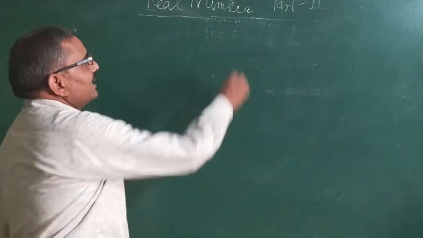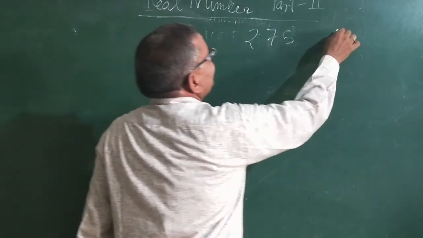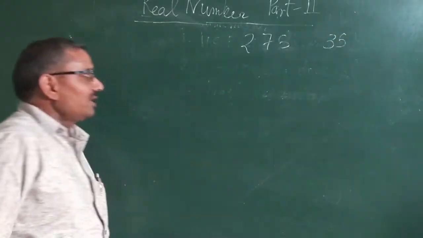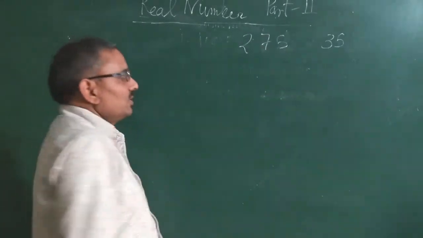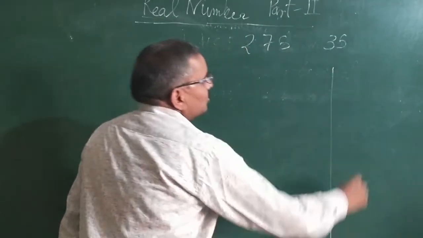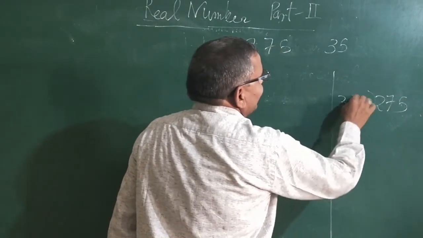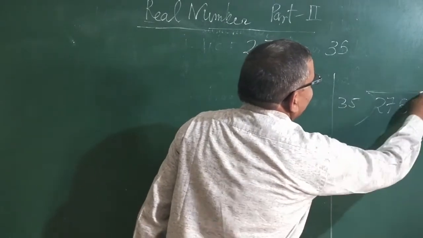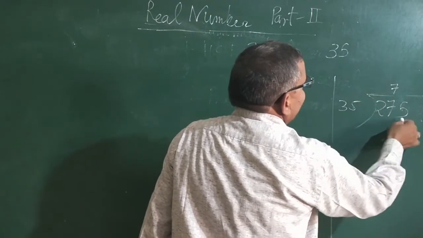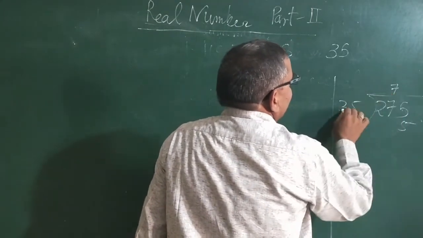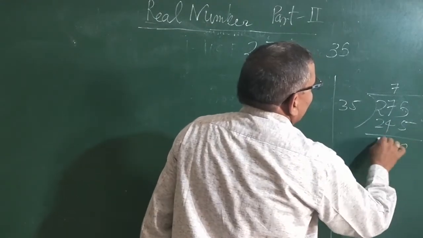Suppose that there are two numbers, 275 and 35. First of all, we have to find the HCF of these two numbers. For this, first of all, you have to use the division method. 275 divided by 35: 7 times 5 is 35, 7 times 3 is 21, 21 plus 3 is 24, remainder 30.